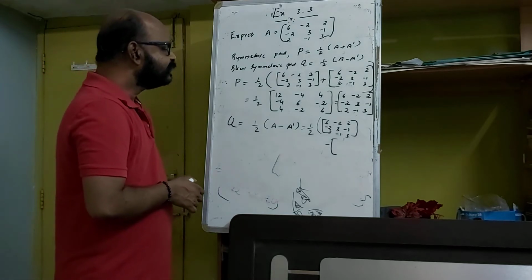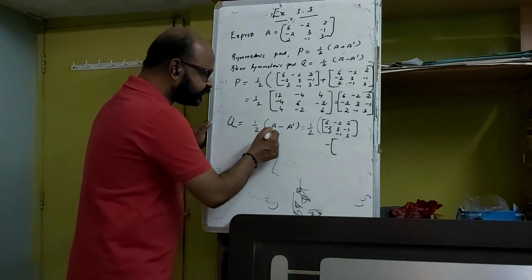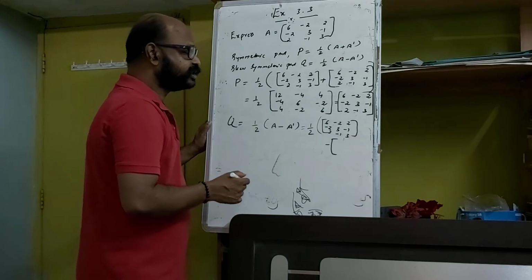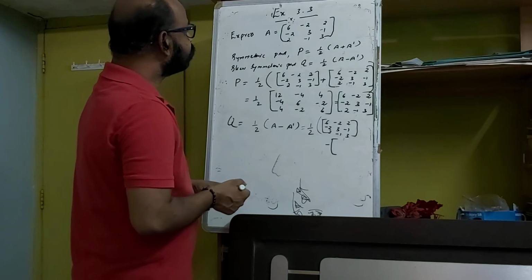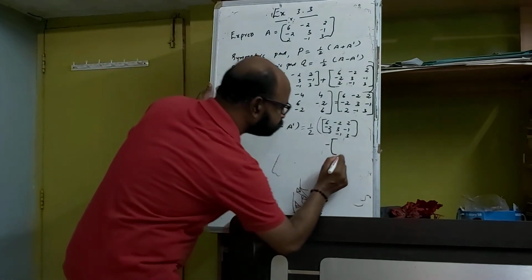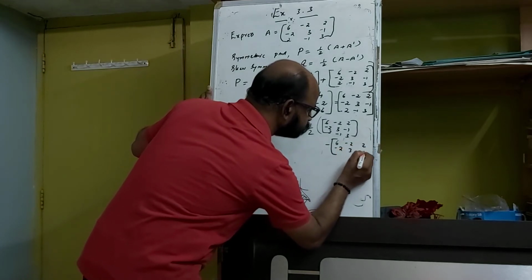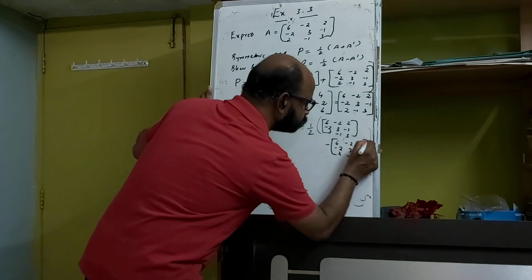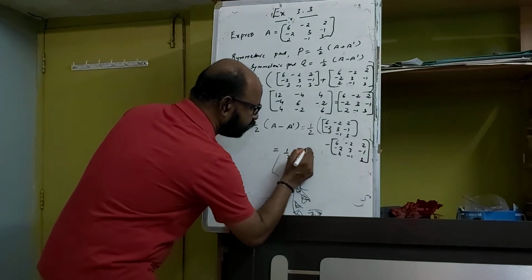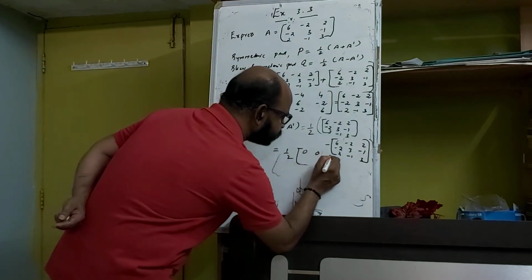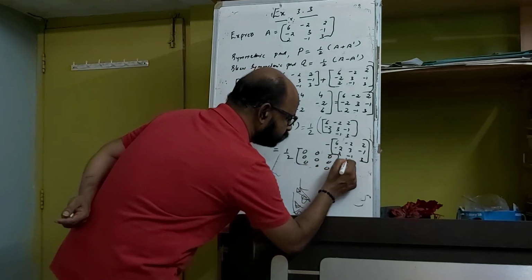So here, since A and A transpose are equal, by default A minus A transpose is going to be the zero matrix. It's happening only because of the peculiarity of the matrix A. So it comes as half into, all the elements are going to be 0, is equal to matrix.